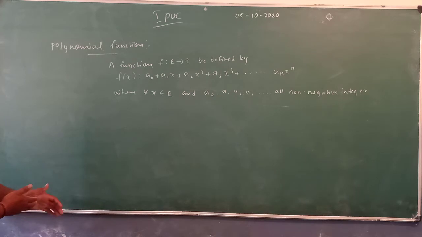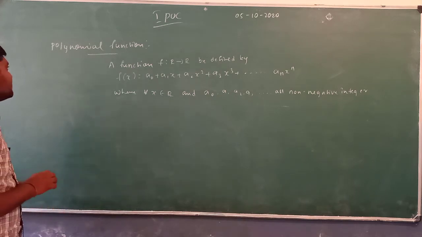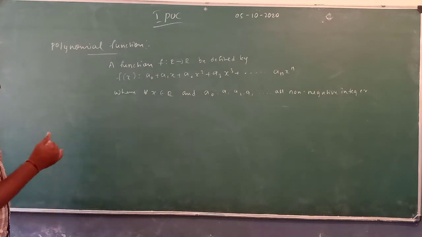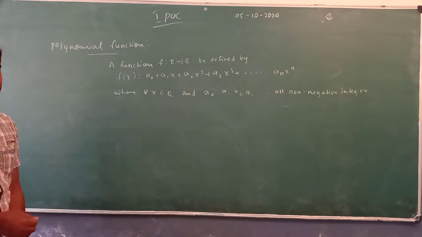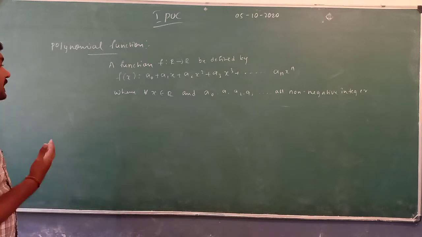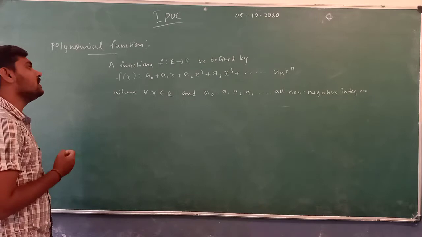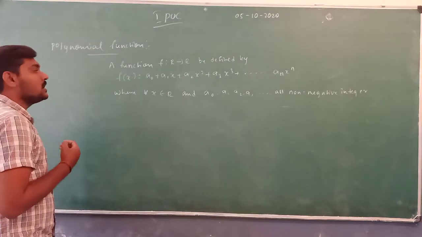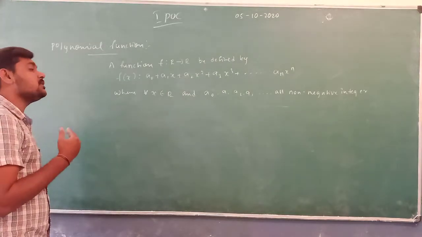Okay, so this is the polynomial function, defined as a function f from R to R, defined by f of x is equal to a naught plus a1x plus a2x square plus a3x cube plus goes on plus an x to the power n.